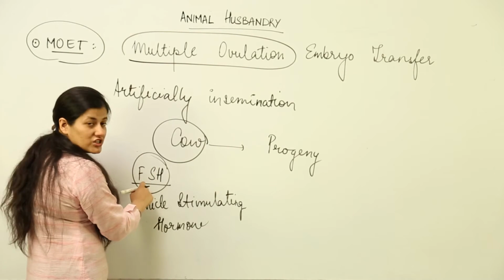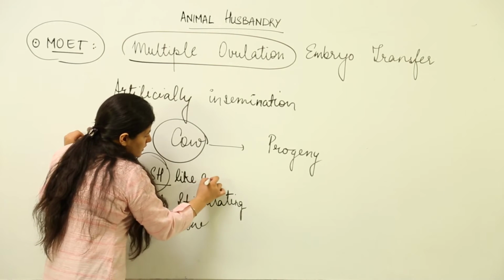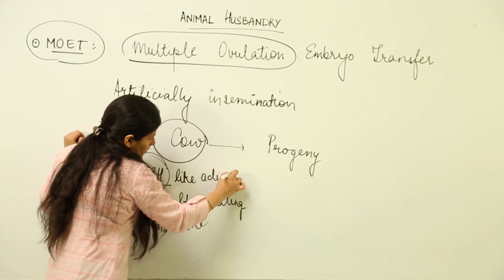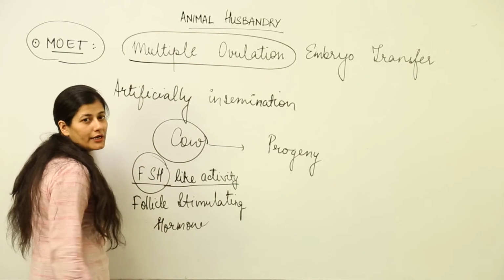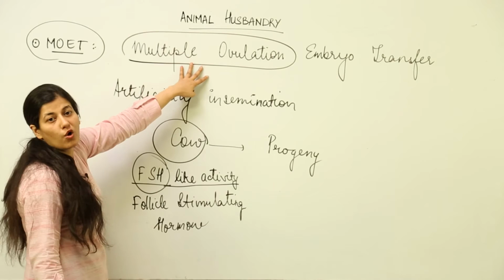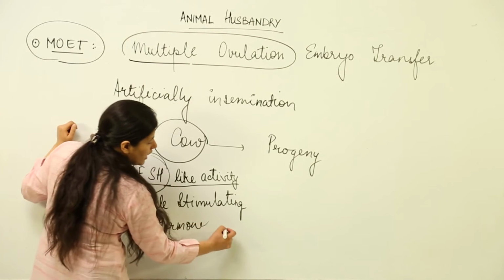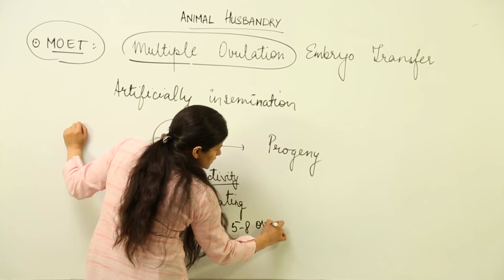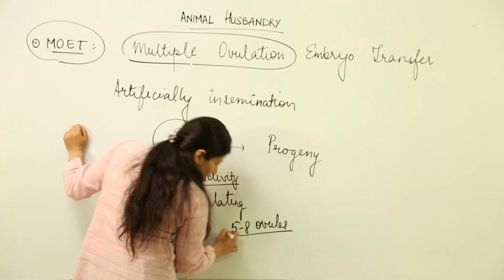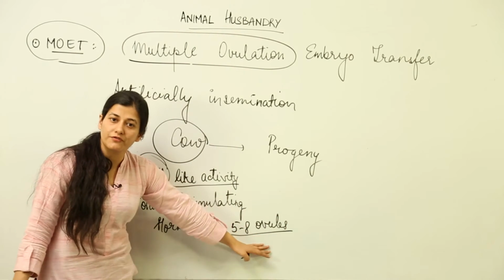Now this hormone which has FSH-like activity enables the cow to undergo multiple ovulations. When there are multiple ovulations, 5 to 8 ovules are produced inside the female, ovules which are ready to be fertilized.